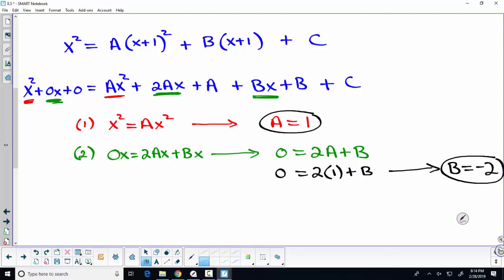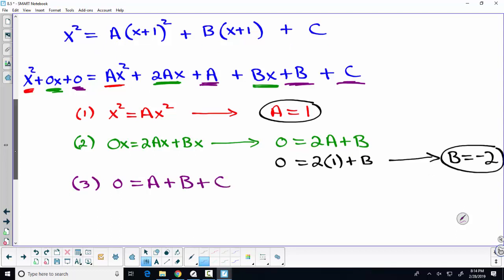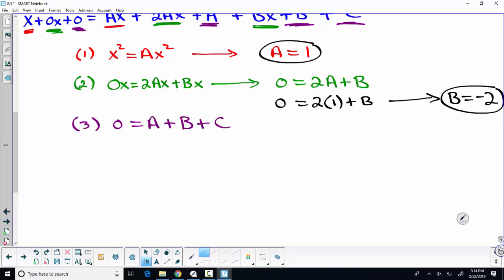And then finally we have our constant 0 equated to A plus B plus C. Again, we know A and B, so we know that 0 is 1 minus 2 plus C. So we have C minus 1 is 0.